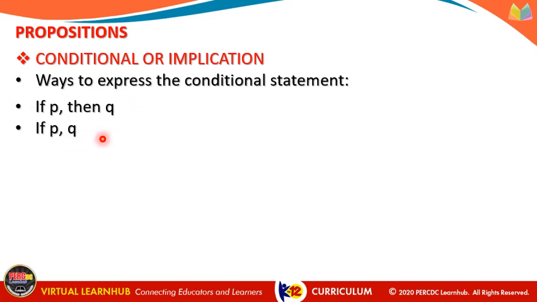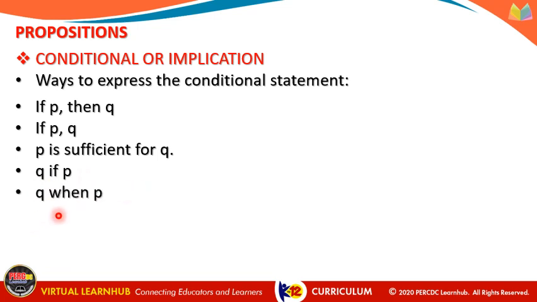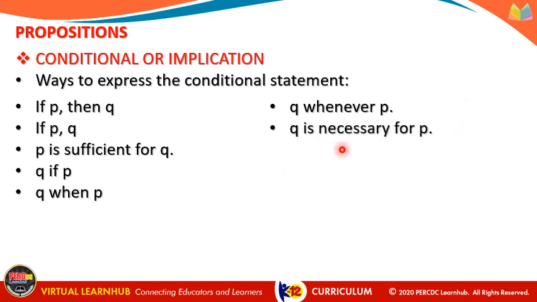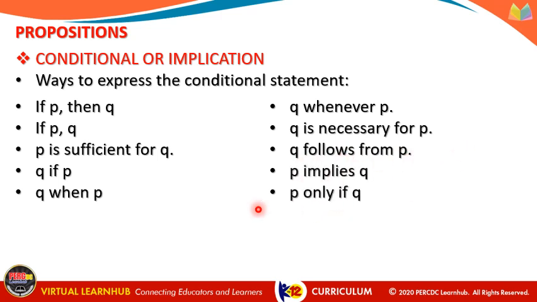You can also say that Q if P. You can also say Q when P. Q whenever P. Q is necessary for P. Q follows from P. P implies Q. P only if Q. So those are the different ways to express conditional propositions.